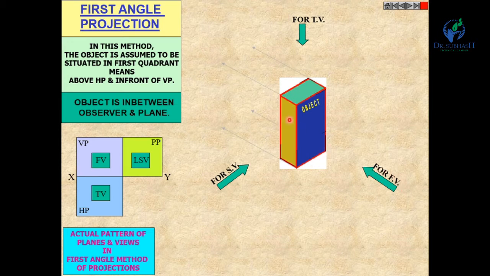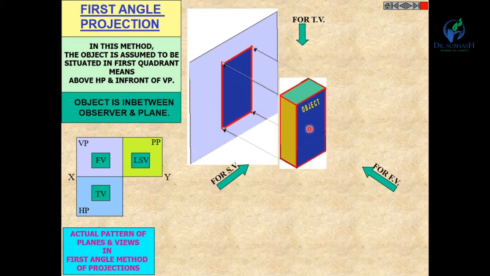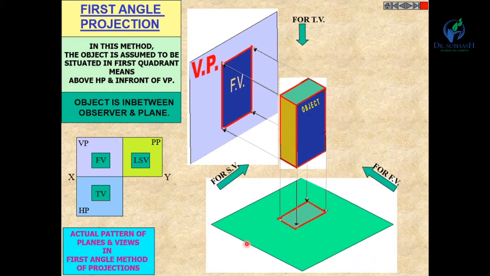Now for the front view, you can see the projection of this object is on VP, and this view is the front view. You can see here the object is in between the observer and the reference plane. Similarly for the top view, this plane is known as the HP and this view is known as the top view.